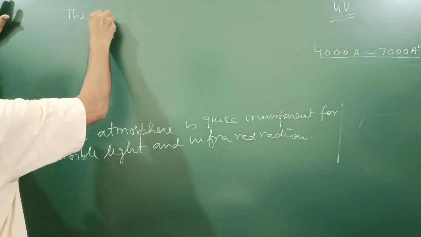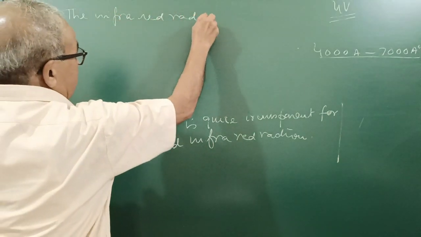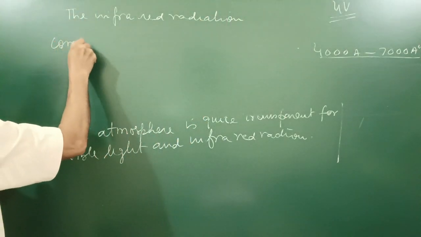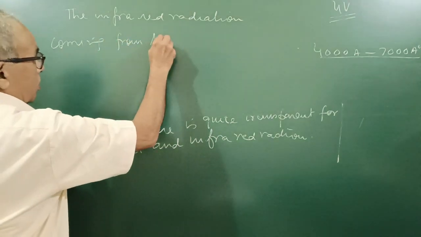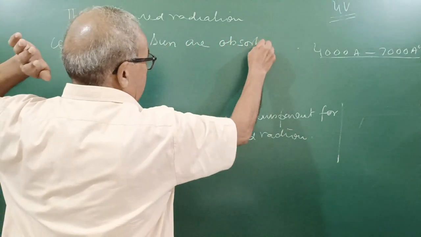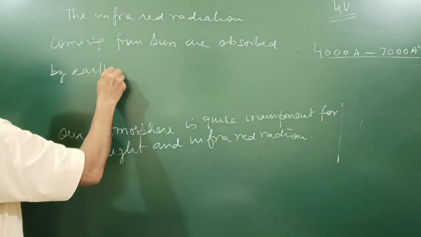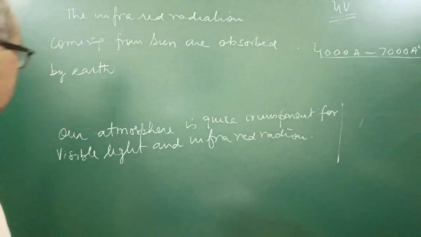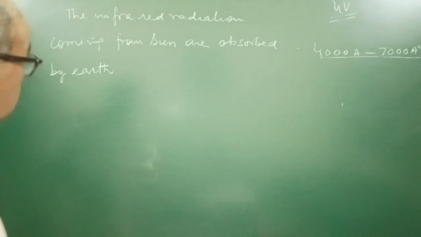The infrared radiation coming from the Sun is absorbed by the Earth, not directly by the atmosphere. Heat radiation coming from the Sun is not directly absorbed by the atmosphere. It is absorbed by the Earth.